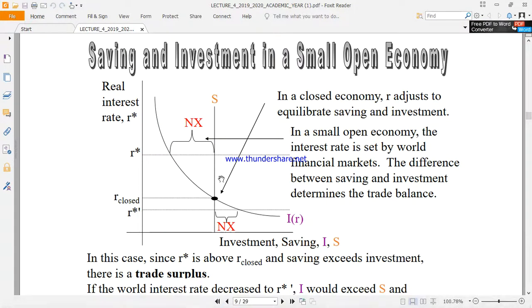So what we're saying is that if savings are fixed, then what equilibrates savings and investment in an open economy is not the domestic rate of interest, but the world rate of interest. Now, if the world rate of interest is greater than the domestic rate of interest, we expect investment to be less than savings.